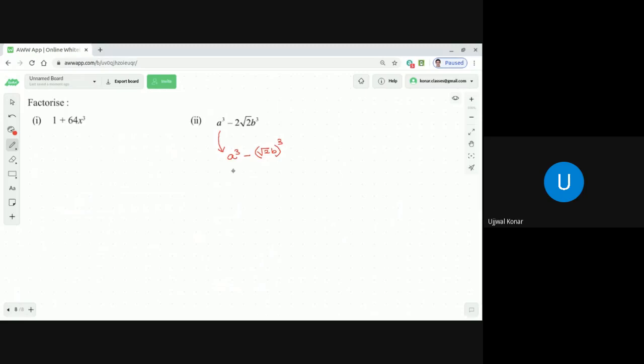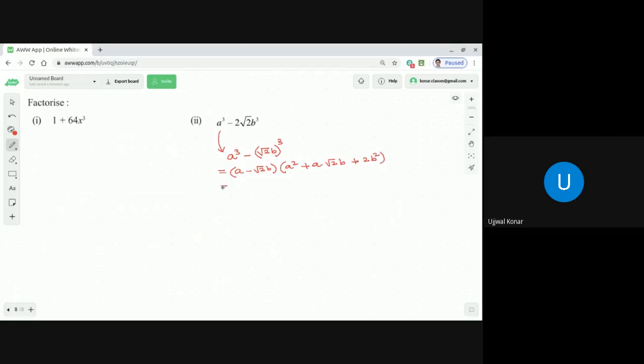Whole cube, exactly. So now a cube minus b cube, dear students, is a minus b, that means a minus root 2 into b, into a square, correct? Plus ab, a into root 2 into b, plus b square, that is root 2b whole square, that means 2b square. Done.